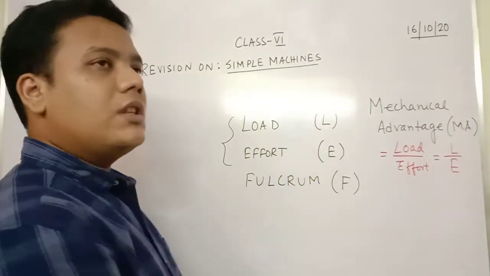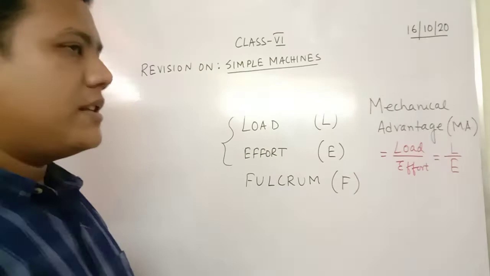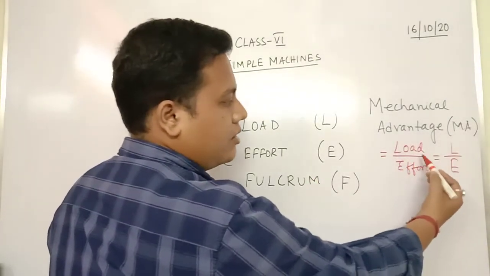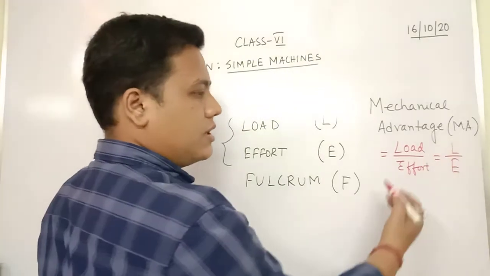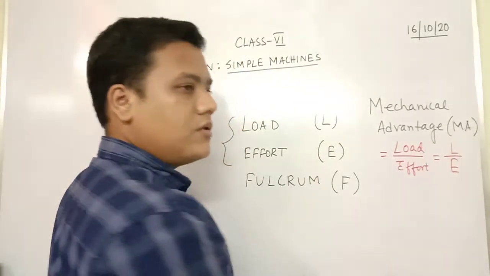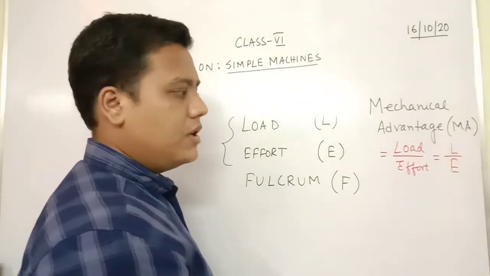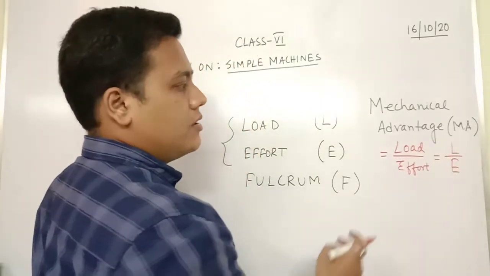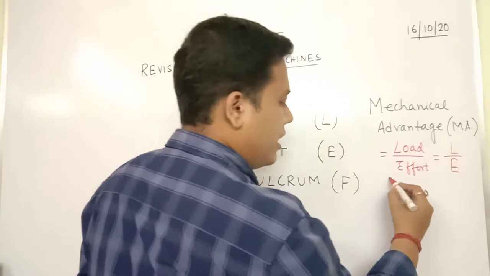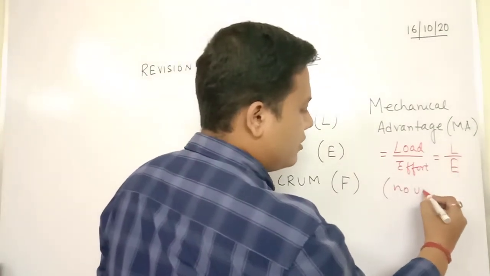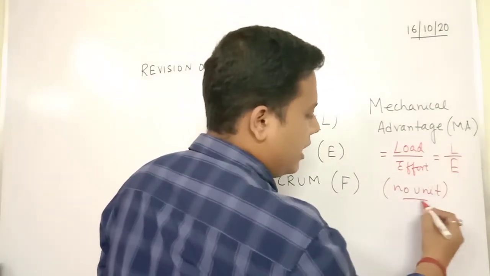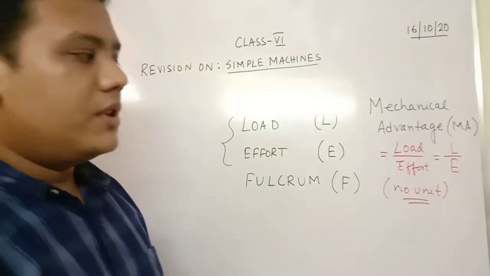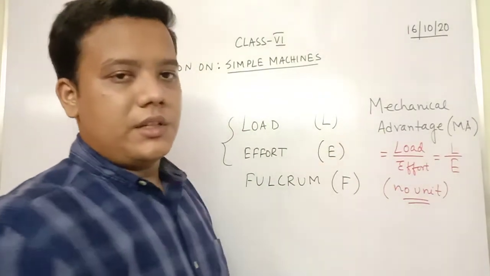In the chapter on force we have learned that the SI unit of force is Newton. So the load is a force in Newton, and effort is also a force whose unit is Newton. As they are the same quantities, mechanical advantage has no unit, because it is the comparison between similar quantities. Okay.